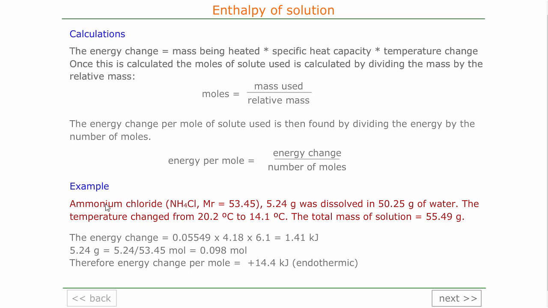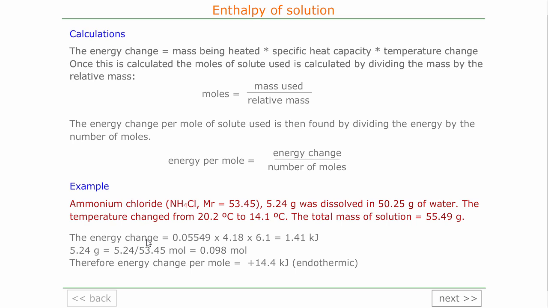And here's an example. If we dissolve 5.24 grams of ammonium chloride in 50.25 grams of water, the temperature changes from 20.2 to 14.1. This is an endothermic process. The total mass of the solution is 55.49.